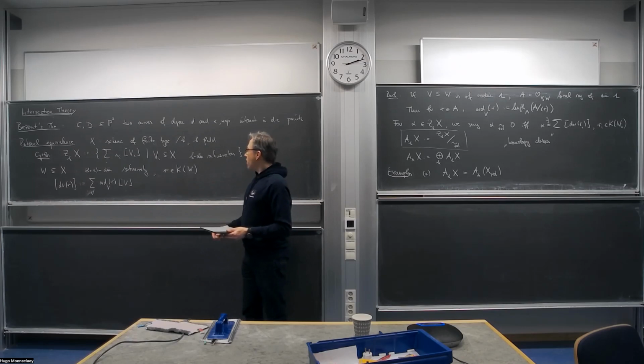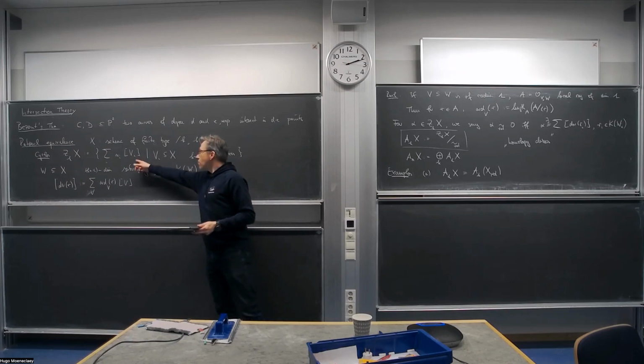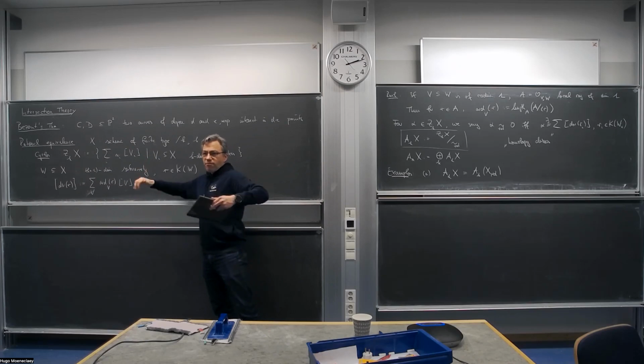Irreducible is clear because if V had two components, each component should define a class here.